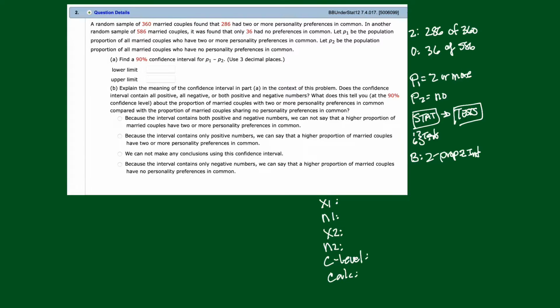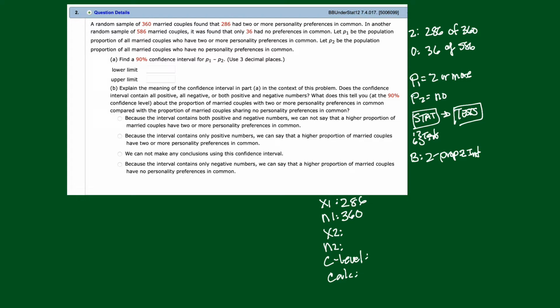Then when you choose B, this is what comes up. It wants the x1 value and the n1 value. Now our x1 is, okay, population 1 is the 2 or more. So what we're going to put in here is 286 out of 360, right, 360.